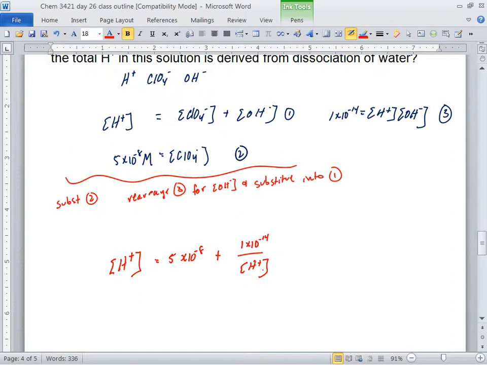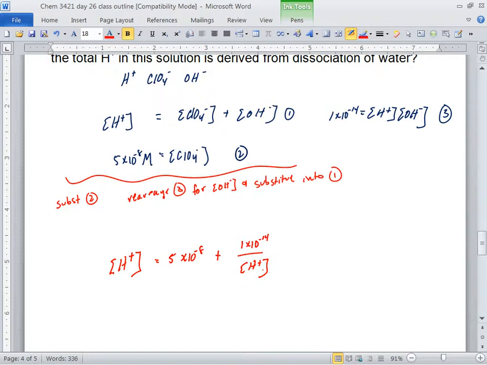So that's really the game plan in the systematic treatment: you look for an equation that has pretty much everything in it, and then take the other equations and substitute them all into it. So that's what I did. Equation 1 has everything, so I'm just going to use the remaining equations and substitute into it. So I end up with one equation with one unknown, and I can solve for it.